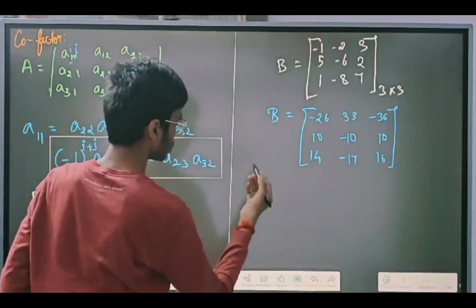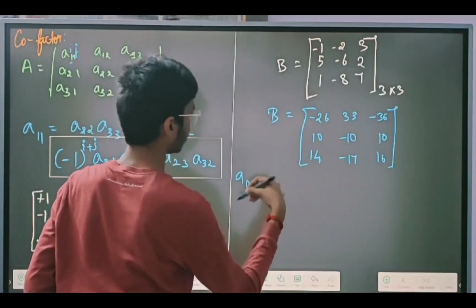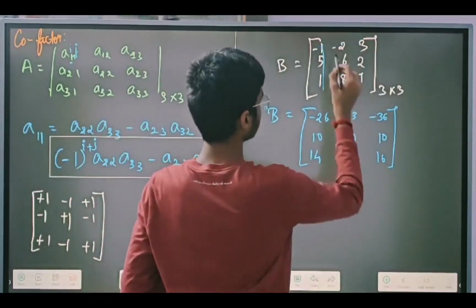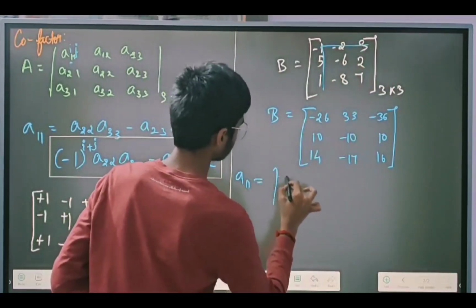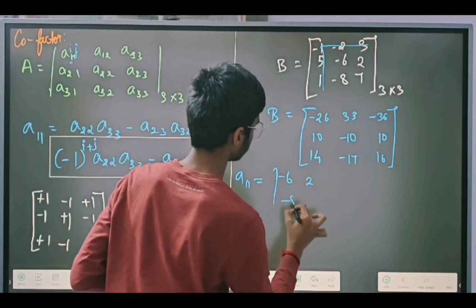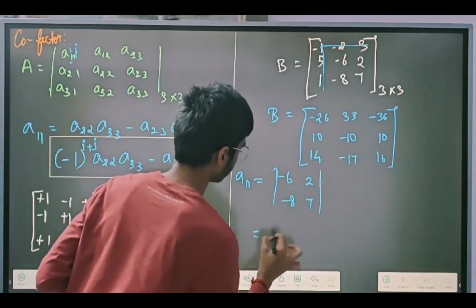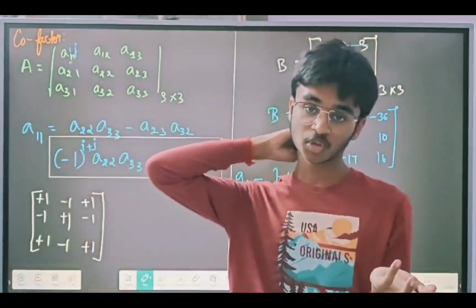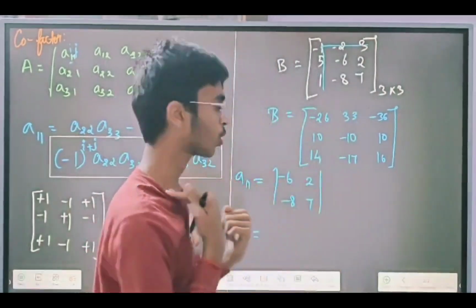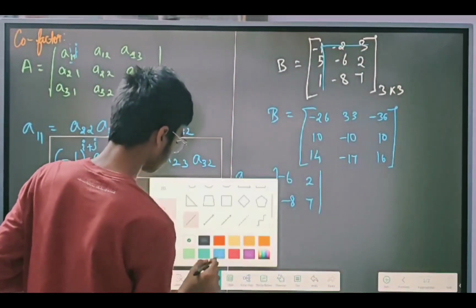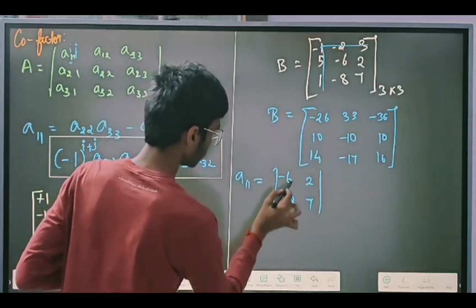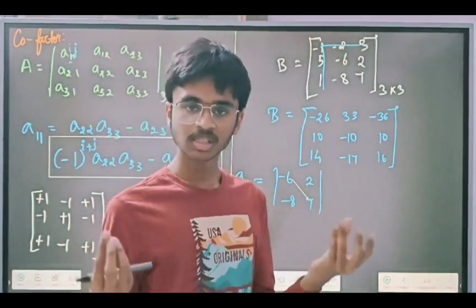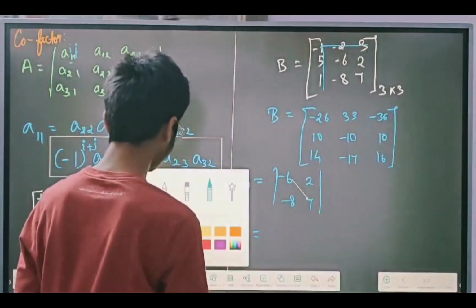So A11, if I'm taking that, this row and column I'm going to cancel. Then I'm going to use minus 6, 2, minus 8 and 7. Now you have to find the determinant. First you have to multiply this minus 6 with 7, which is going to be minus 42.